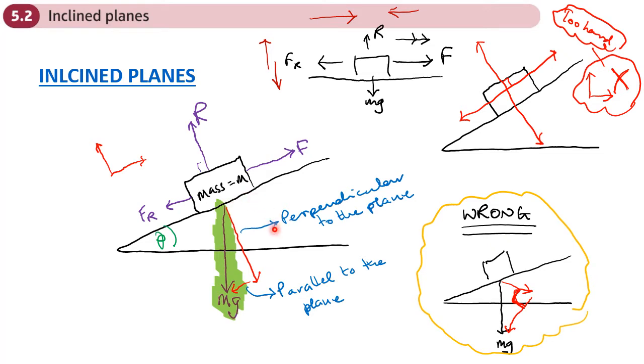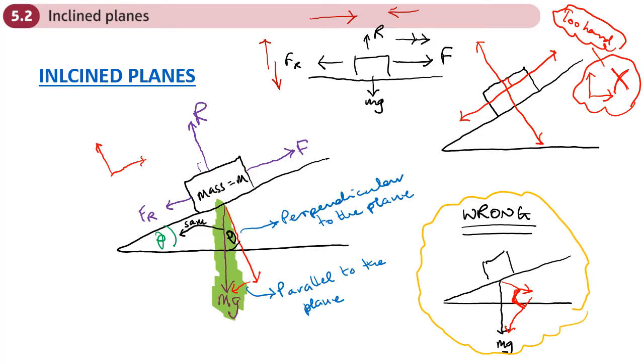And then everything is the same as before. We look at the forces going this way, in parallel to the plane, so that'd be FR, F, and this bit here. And let's put those on. Oh yes, let's add this on as well. This angle here is always the same as this.